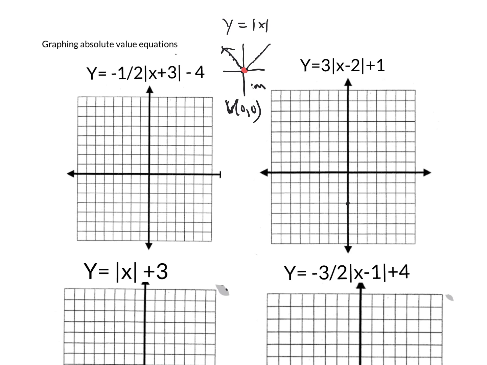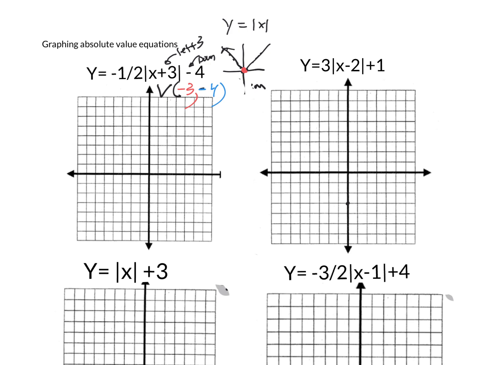So doesn't this mean we're going to take the parent graph and shift it left 3 and then down 4? If we took your parent graph and shifted it left 3 and then down 4, where would the new vertex be? The vertex would be (-3, -4).